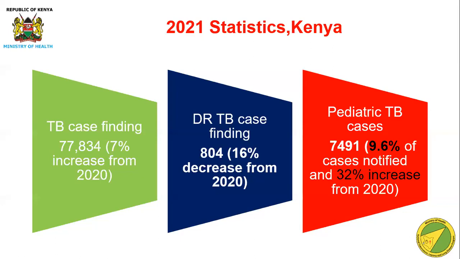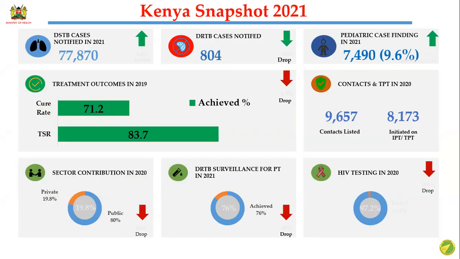And in 2020, we notified close to 10% pediatric TB cases. And this was an increase from 2019 by about 32%.